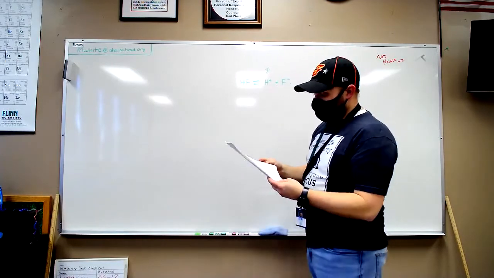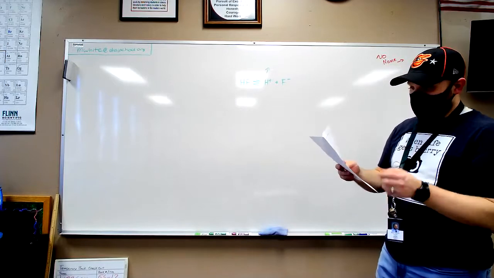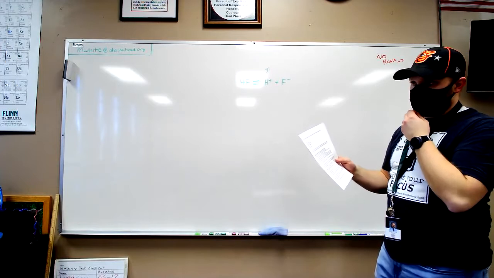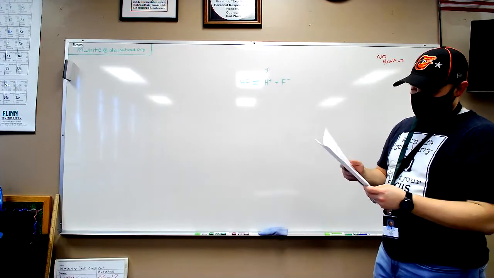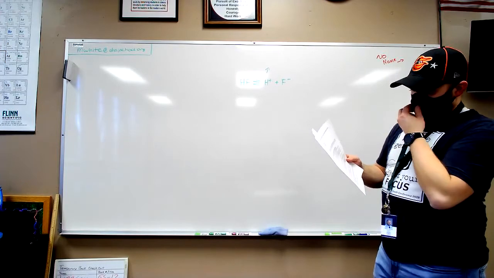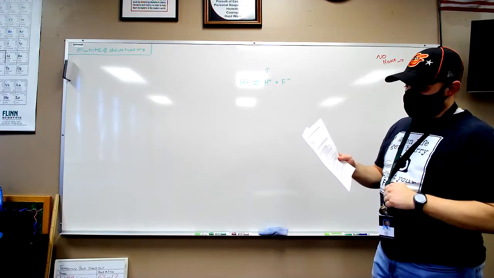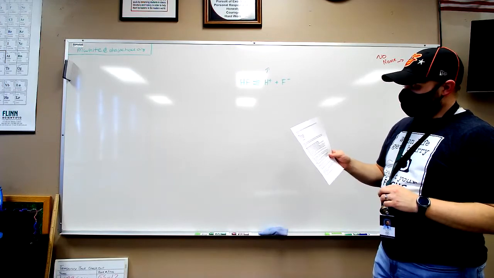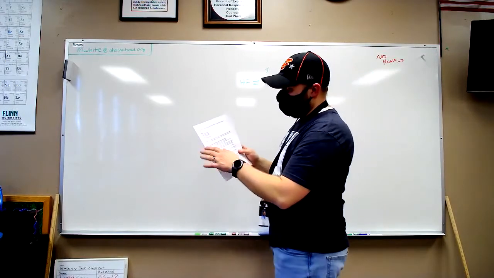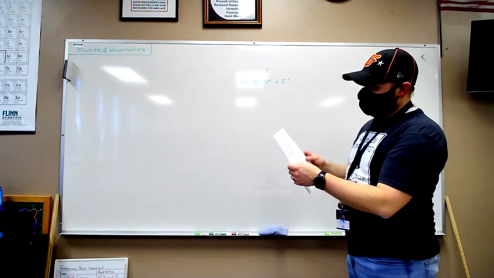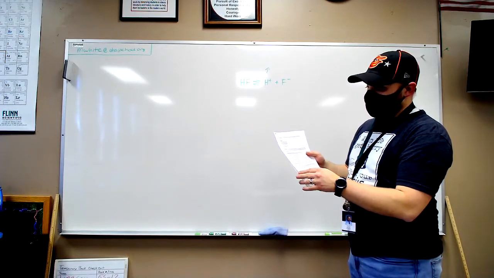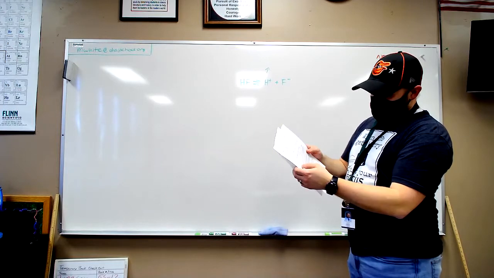Just remember, we will need to use proper safety precautions, all of the things that we talked about or that are on that safety sheet that I handed out. For part of your homework, I just want you to read through this and make sure that you have a general idea of what's going to happen.